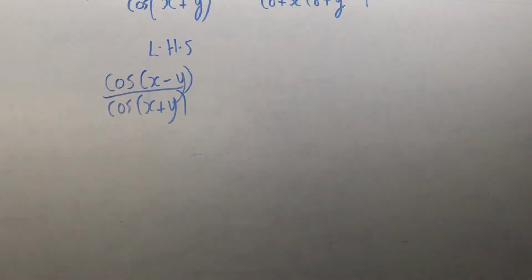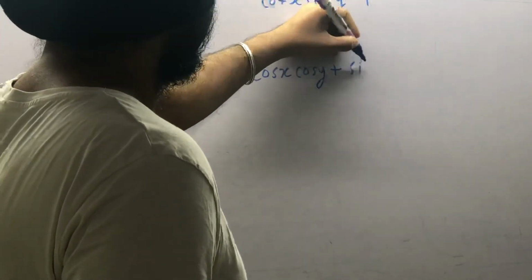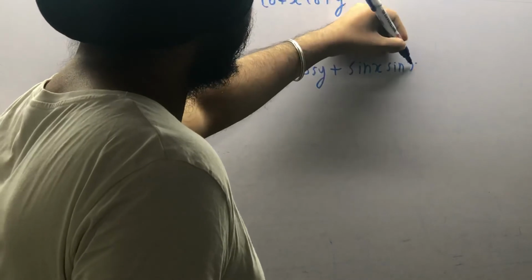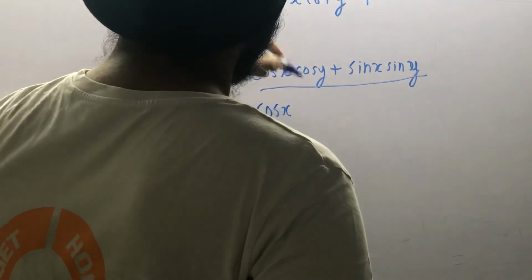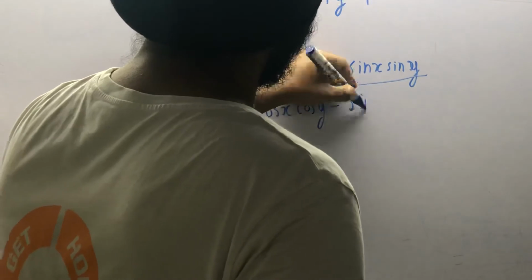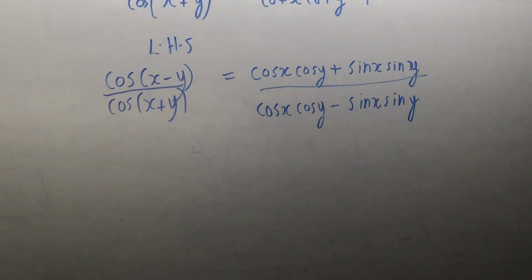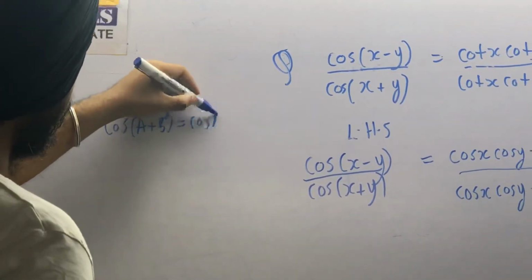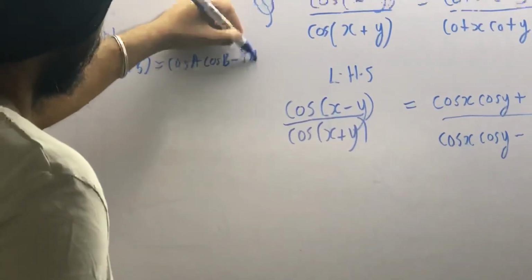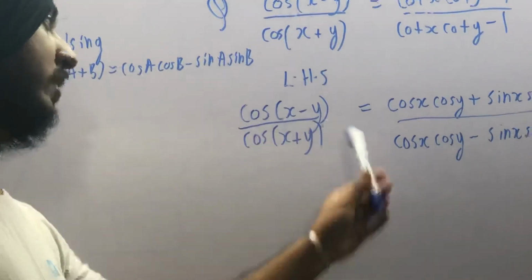Now this is a pattern you are seeing, cos(A minus B). You know the formula: cos x cos y plus sin x sin y, divided by the expansion of cos(x plus y). Now look at this carefully.